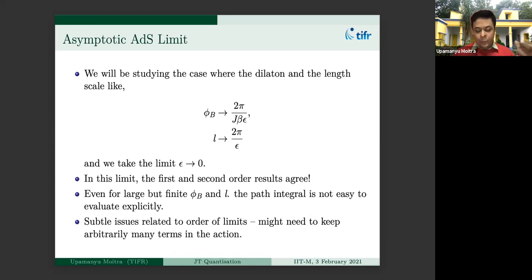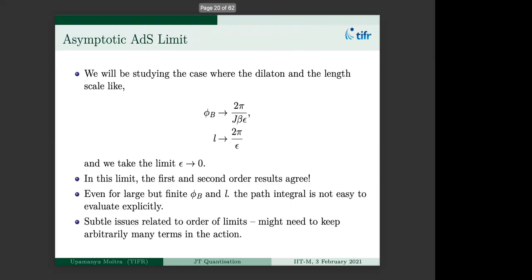So we'll always work at a fixed mode number, and we'll first take the cutoff epsilon to 0. But if we did it the other way around, we might need to keep arbitrarily many higher derivative terms in the action, which we don't want to do now. So this is the most precise way we can evaluate the path integral. Sorry, what you're saying, you're putting two kinds of cutoffs.